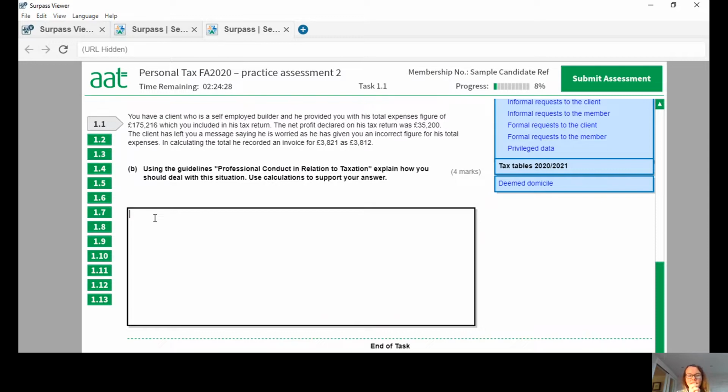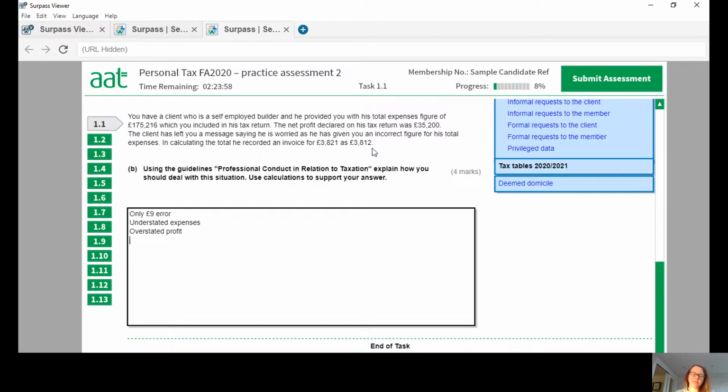Right, so I'm just jotting down a few thoughts here. So the difference between those two numbers is only £9. I'll tidy this up in a minute. I'm just sort of thinking of some ideas. So what's actually happened there? So an invoice for 3821. So he's understated expenses, which means he has overstated profit.